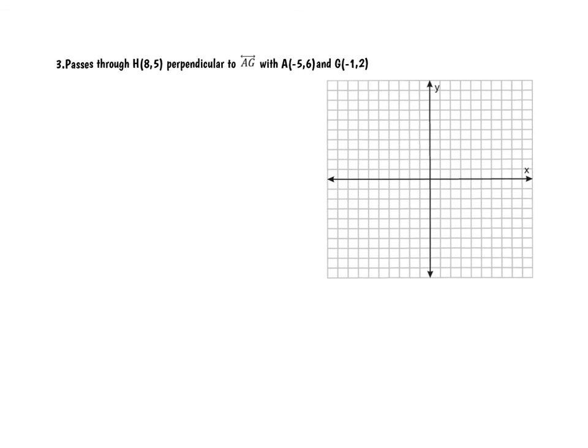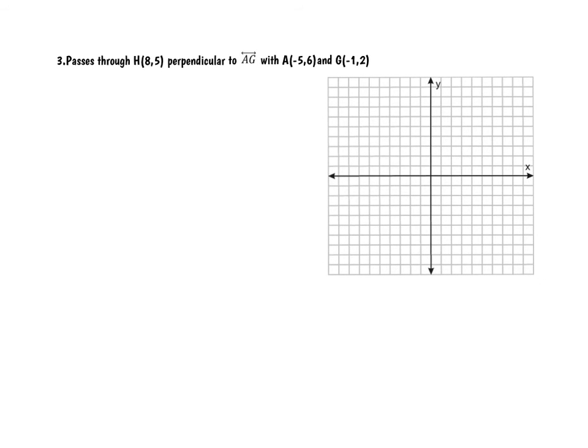All right, number 3. So we have a larger piece of graph paper now, so we should be able to work this one out fully. Passes through H at 8, 5, is perpendicular to AG, such that A is -5, 6, and G is -1, 2. Remember, of course, that when we have perpendiculars, that means we're going to have negative reciprocal slopes. So let's go ahead and put those points down real quick.